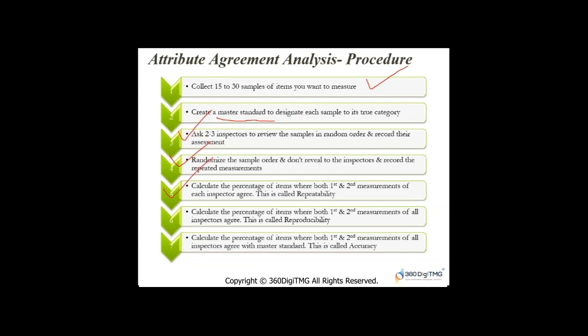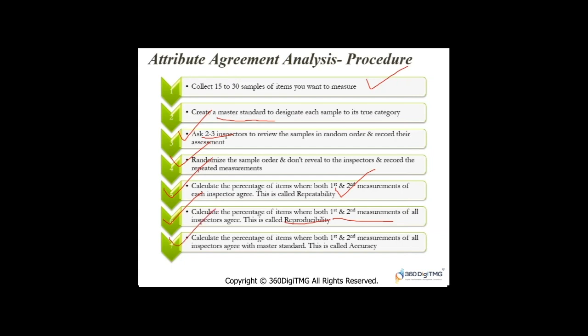Calculate the percentage of items where both the first trial and the second trial agree with each other. This is called repeatability. Calculate the percentage of items where the first and second measurements of all the 2 or 3 inspectors agree with each other. That is called reproducibility.